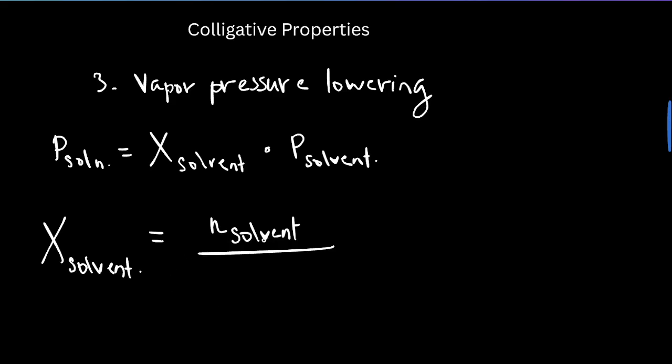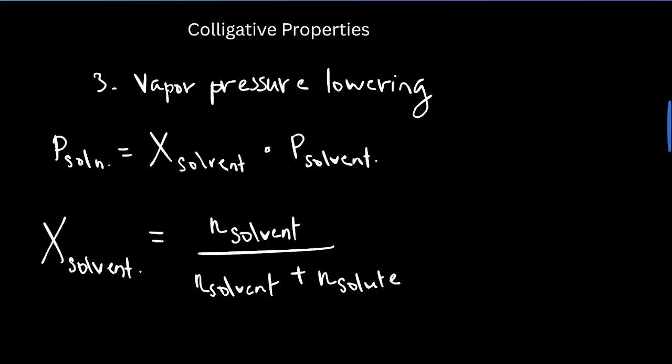So the total number of moles in the solution would be the number of moles of solvent plus the number of moles of our solute. Together, solvent plus solute makes solution. And so the total number of moles of our solution is what we're dividing the number of moles our solvent is by. And that gives us our mole fraction.